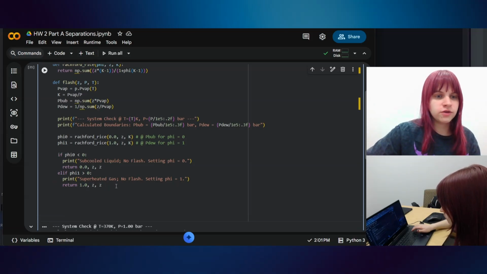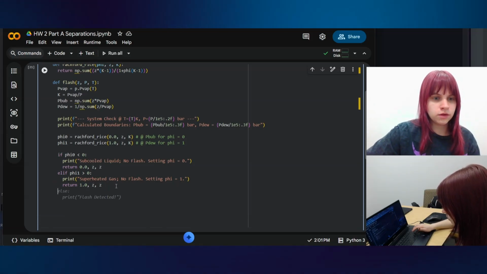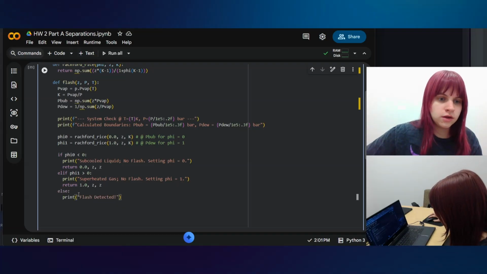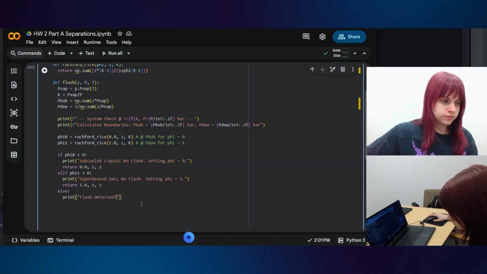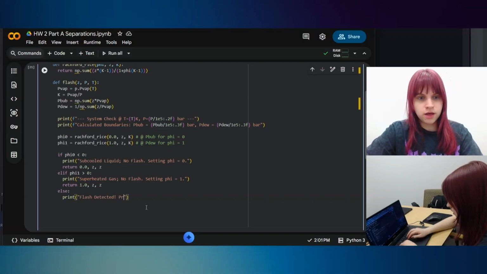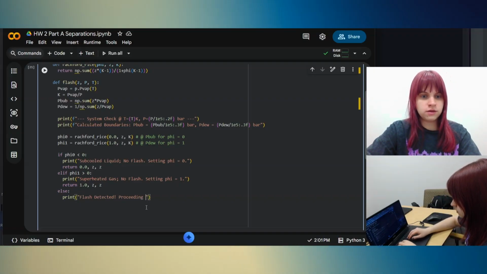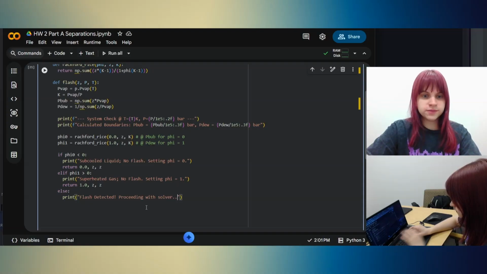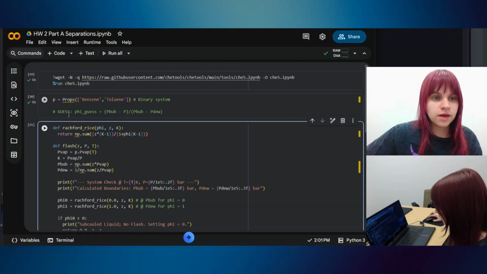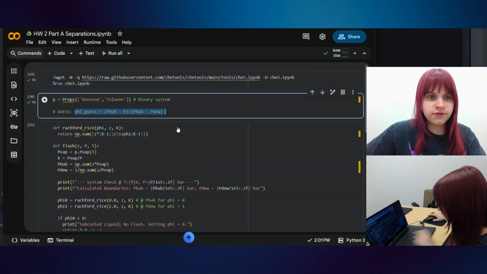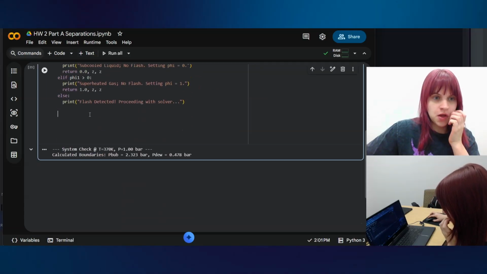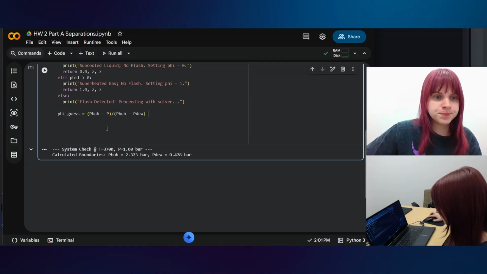And here we would return the same thing, but phi is 1. And if neither of those are true, then we have a flash, and it will proceed with the solver. And from above, I'm actually going to take that phi guess that I explained where that came from earlier.